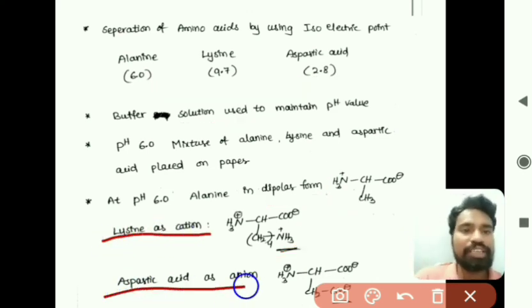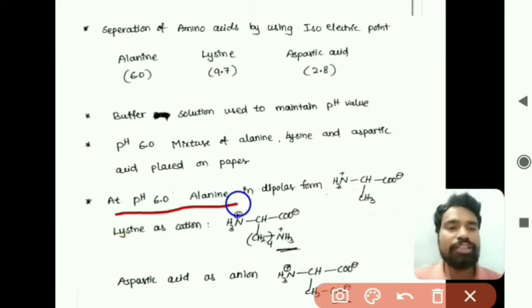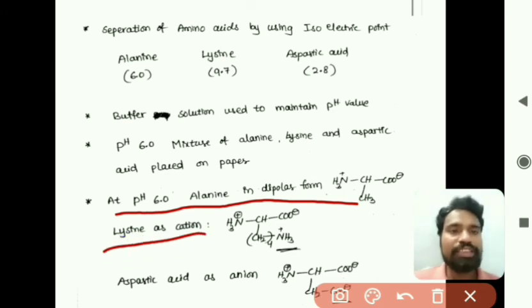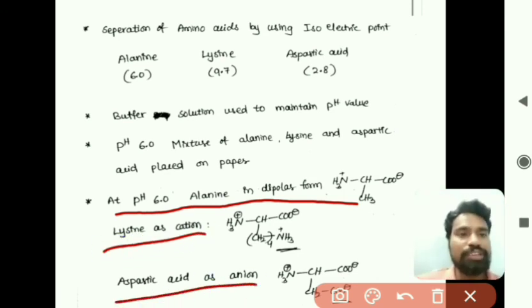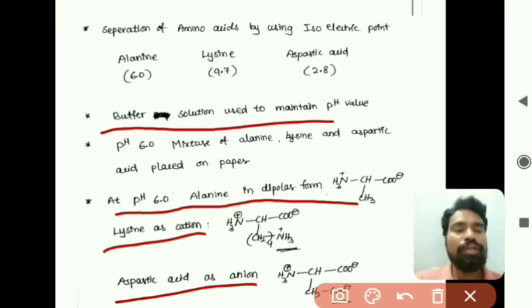And aspartic acid is in the form of an anion because it consists of one additional COO minus group, right? So here at pH 6.0, alanine is a dipolar ion, lysine is a cation, aspartic acid is an anion, right? So this mixture of alanine, lysine and aspartic acid is placed on a paper at pH 6. The pH is maintained through the buffer solution, right?